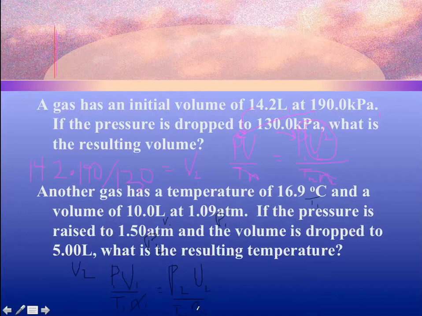Again, since the moles cancel when you cross multiply, if they're the same, they cancel out. Then we just substitute and then cross multiply. So we're going to be solving for T2 here. All right, so what we're going to do is then substitute all these things.